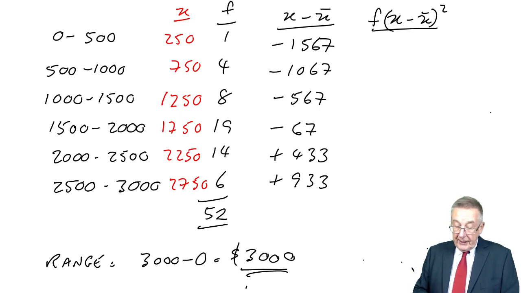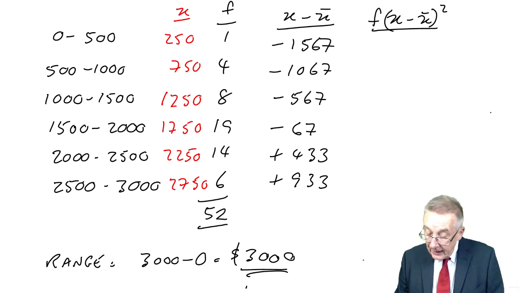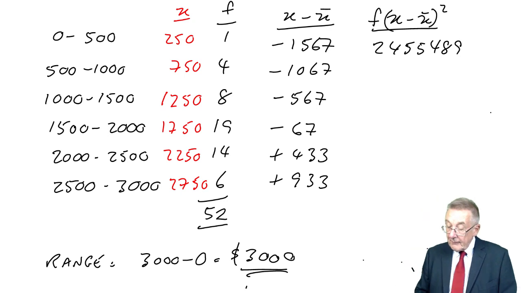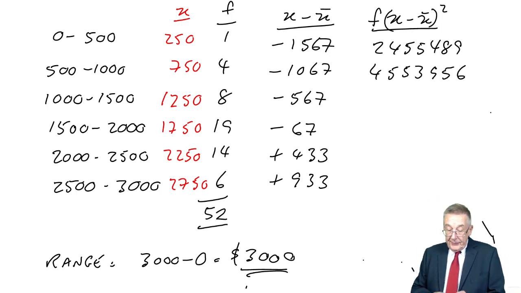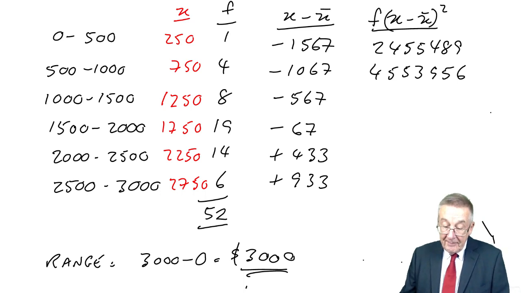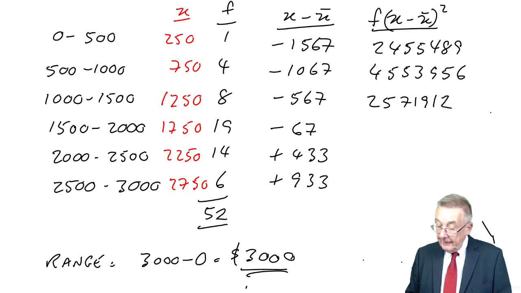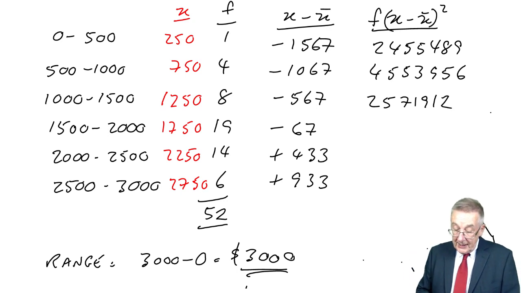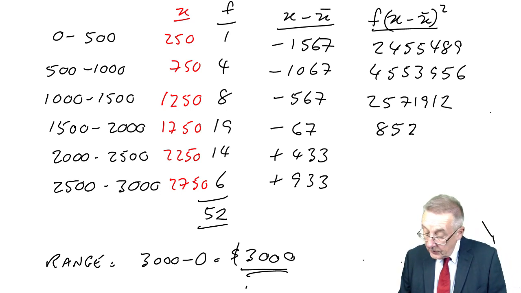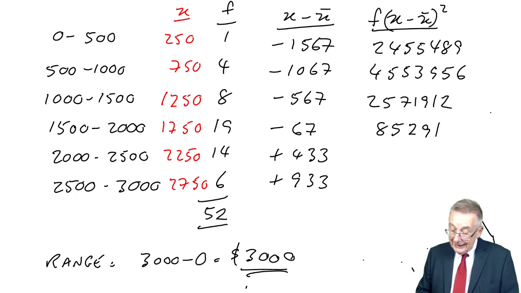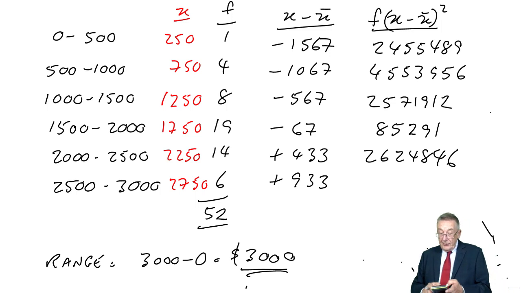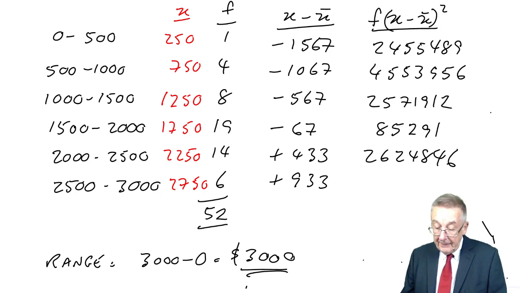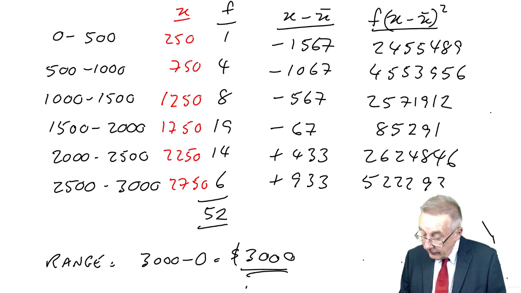So 1567 squared times 1 is 2455489. 1067 squared times 4, 4553956. 567 squared times 8, 2571912. 67 squared times 19, 85291. 433 squared times 14, 2624846, and finally 933 squared times 6, 5222934.